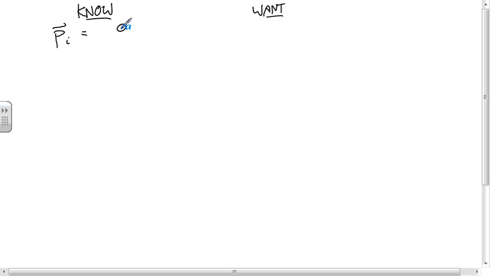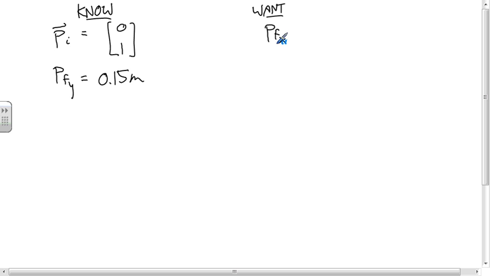So I'll just write that as 0, 1. Do we know anything about the final position? Yeah, right. We know the height. So we know PFY is 0.15 meters. The X final position is what we're looking for.